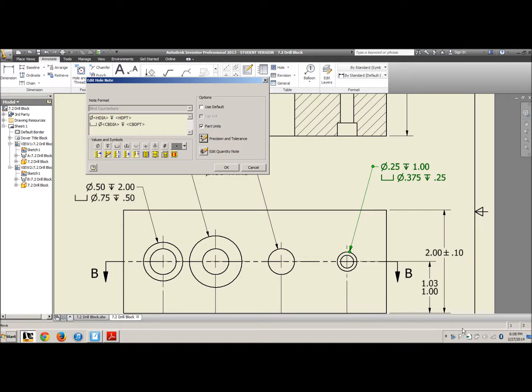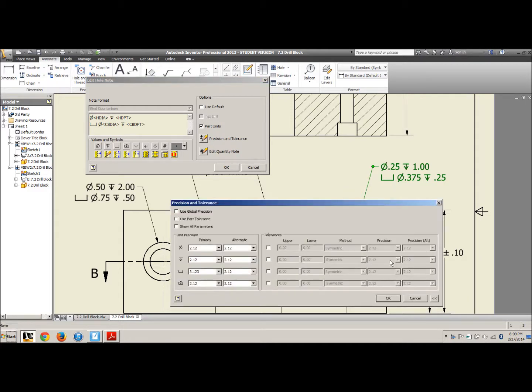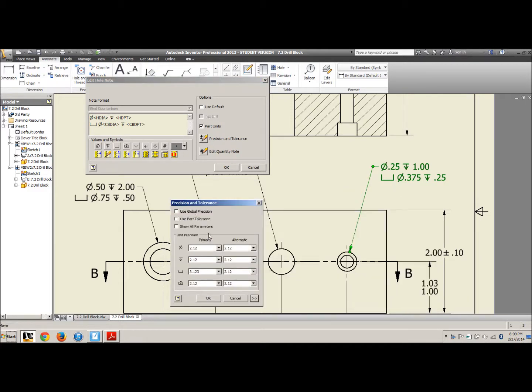Now, let me pause the video for a minute here. Okay, to do the precision and tolerance, I got to go to precision tolerance, and there's this little more button.